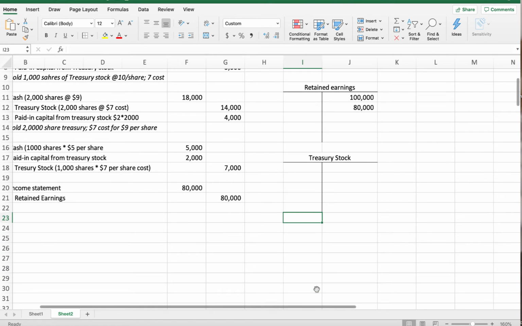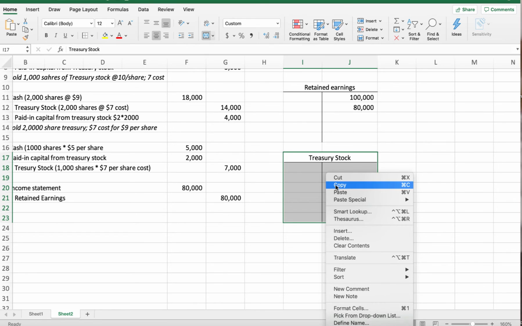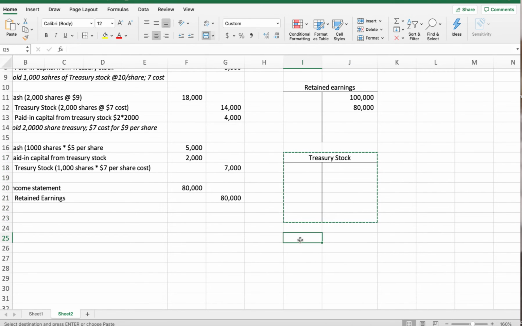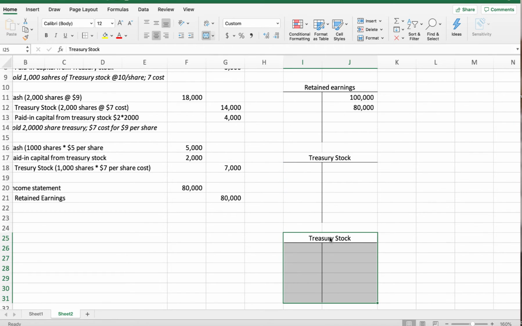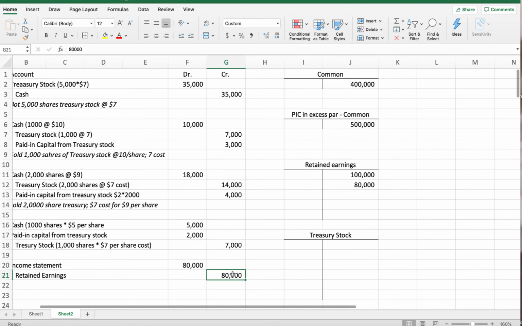And then I'm going to do another one. Actually, I'm just going to copy and paste this. And this is going to be my paid in capital from treasury stock.